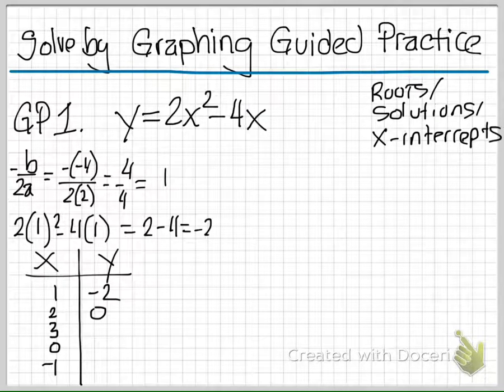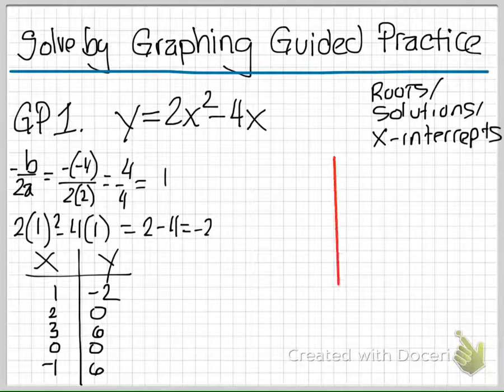Let's try 3. 3 times 3 is 9, times 2 is 18. 18 minus 4 times 3, which is 12, gives me 6. I plug in 0 and I end up with 0. And I plug in negative 1 and I get 1 squared is 1, 1 times 2 is 2, plus 4, which is 6.